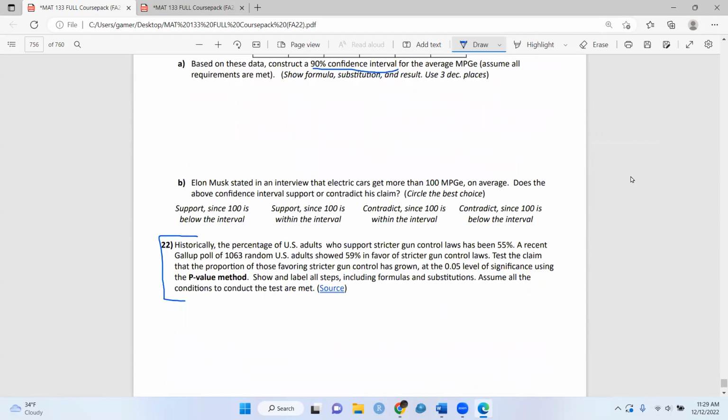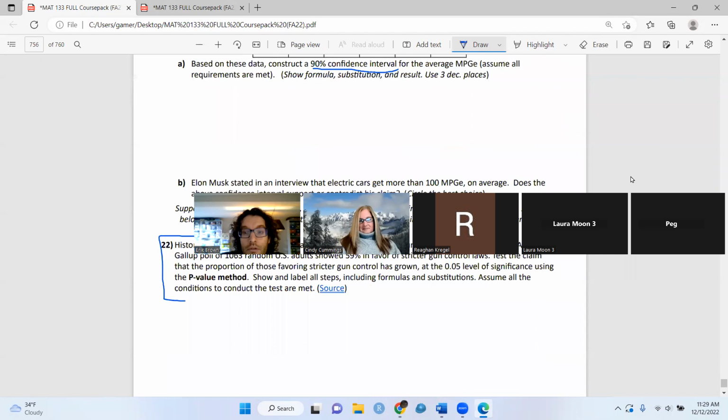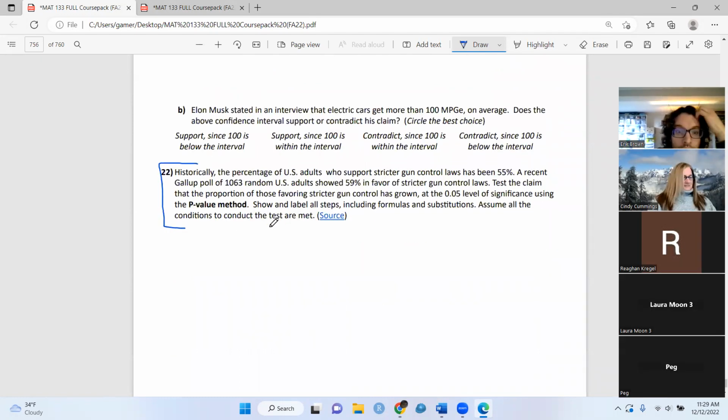Go ahead. So I got H0 is P equals 0.55, I think, because there's no means or anything like that. I said P equals 0.55 because it was the first thing. And then alpha is 0.05.